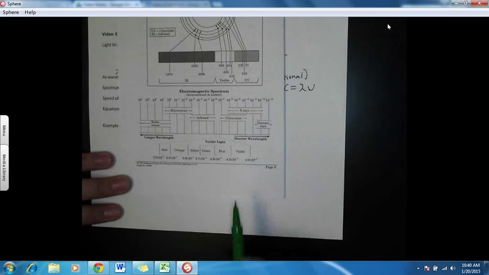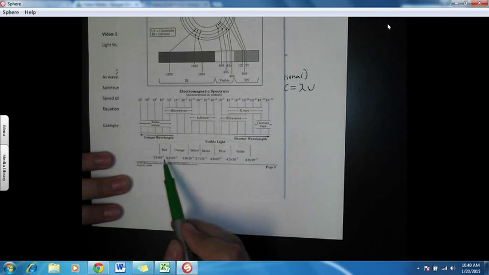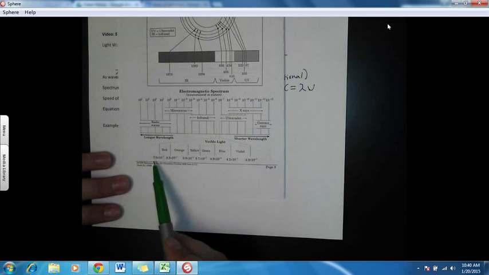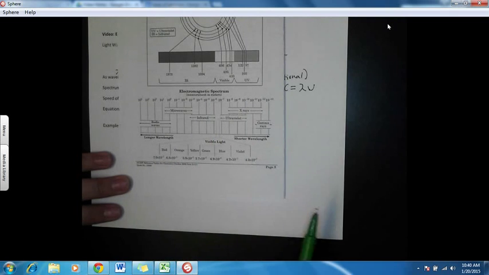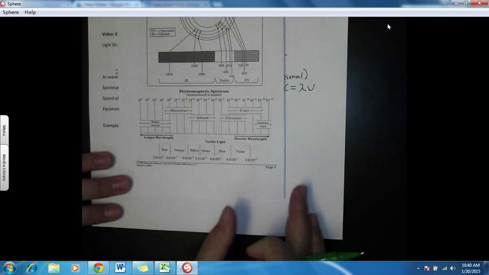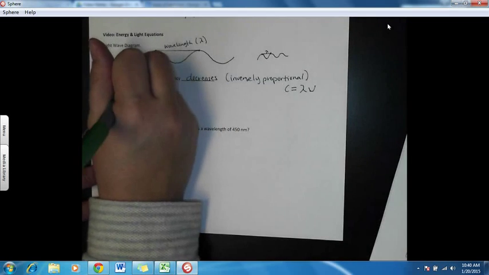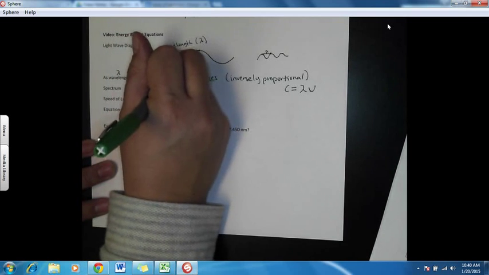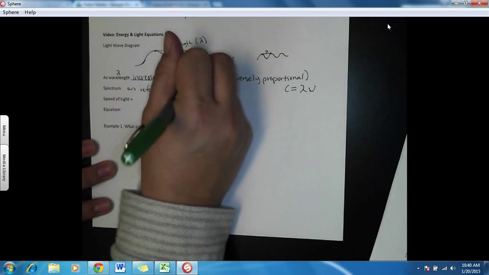It also breaks out our visible light, showing red, orange, yellow, green, blue, and violet, Roy G. Biv, in the order of larger wavelengths to smaller wavelengths. Your spectrum is on your reference packet, so you don't have to memorize it.